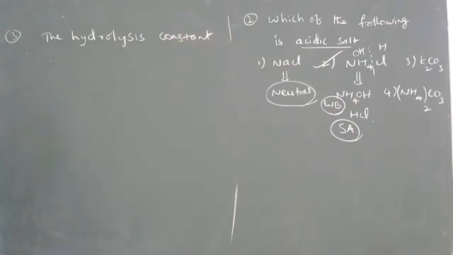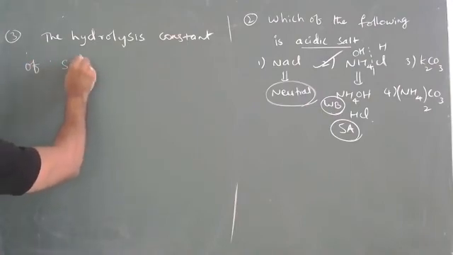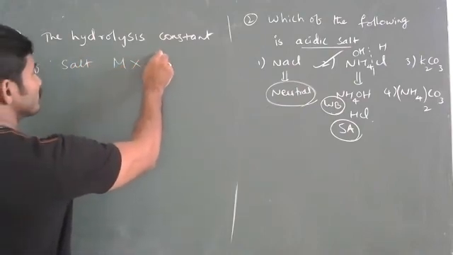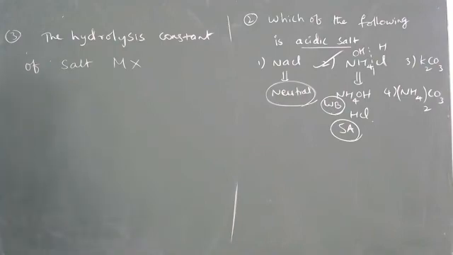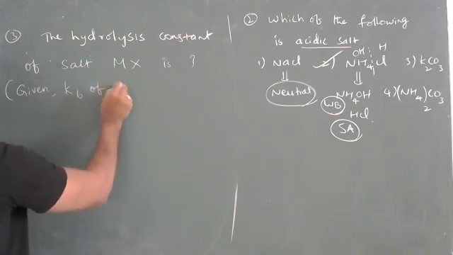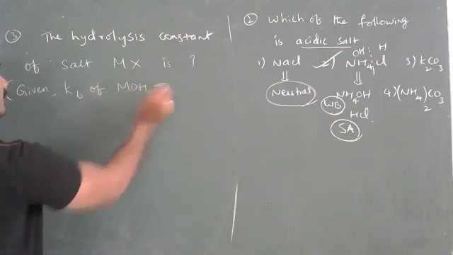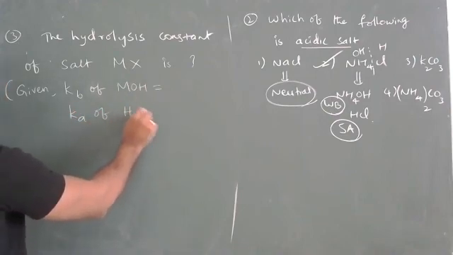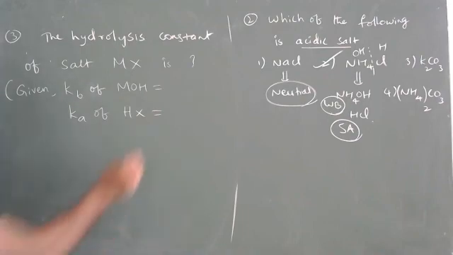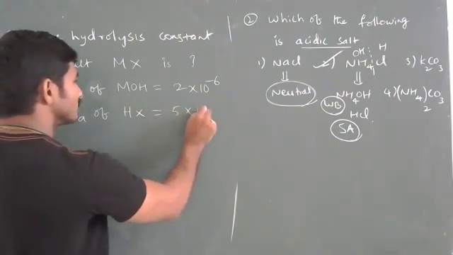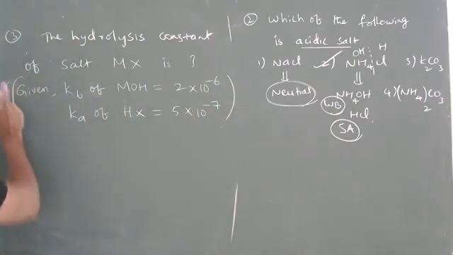The hydrolysis constant of salt MX is... Given in this, Kb of MOH is 2 into 10 power minus 6 and Ka of HX is given as 5 into 10 power minus 7. Find out.